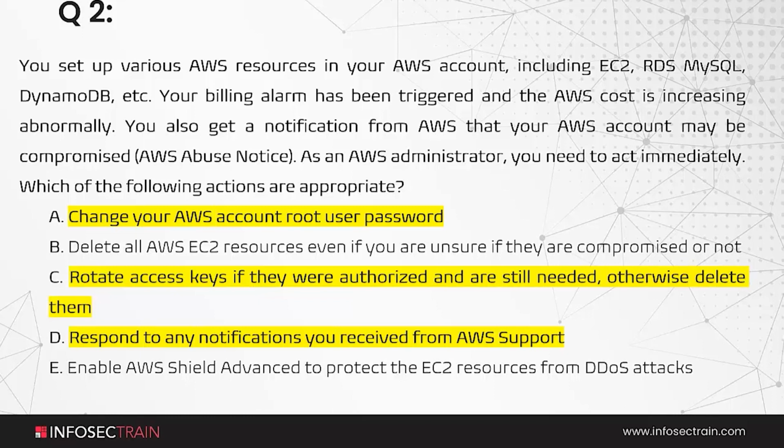And the second thing, team, is to rotate the access keys if they were authorized and still needed, and otherwise delete them. What do I mean by this? Let's take an example. We can have many users, like service accounts and normal accounts.